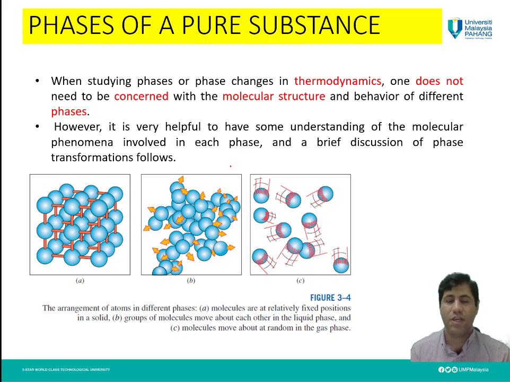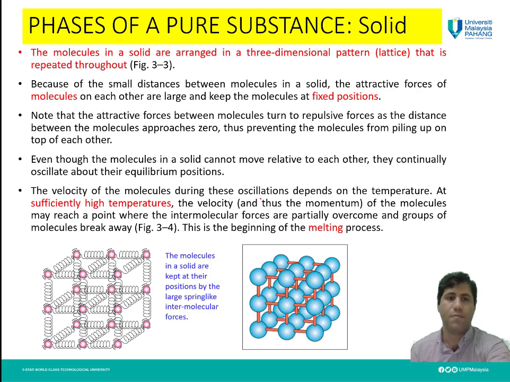But here I just briefly let you know the differences between the molecular structure for different phases of material: what is the molecular structure of solid, liquid, and gases, and what are the differences between them. Let's start with the solid phase.